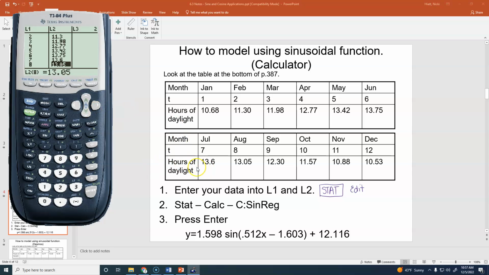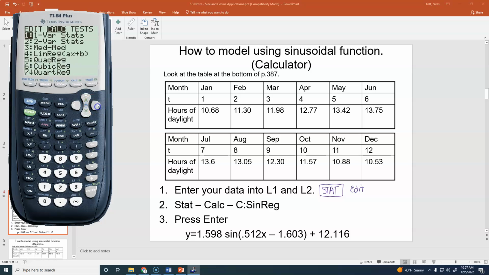Okay. So everybody got their data in? Once you have all of your data entered, you are going to go back to Stat. Then up here at the top you should see Calc.